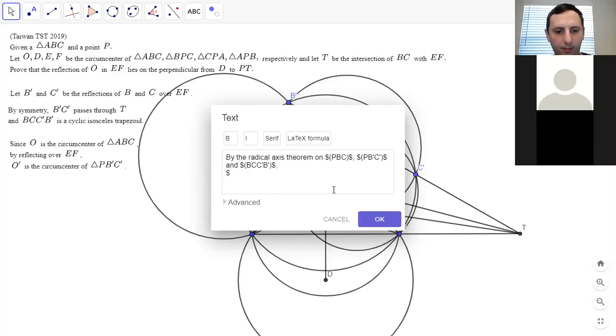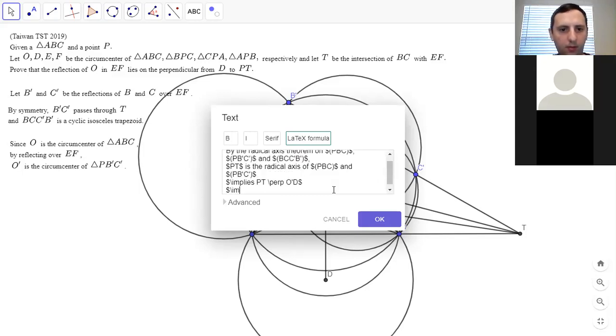We have PT is the radical axis of PBC and PB prime C prime. And so that implies that PT is perpendicular to O prime D. And that solves the problem.